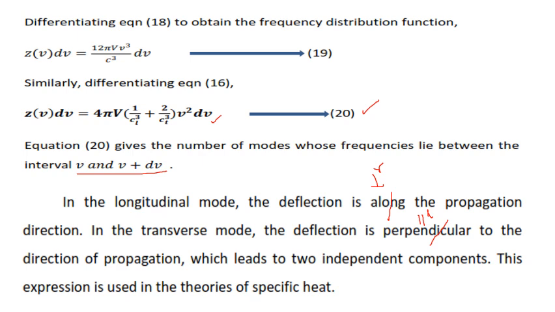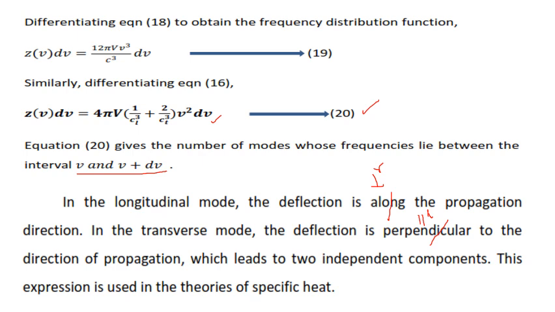That's why in the transverse mode there are two vibrations and in the longitudinal mode there is one vibration. This equation 20 is the main equation used in the expressions of theories of specific heat capacity.